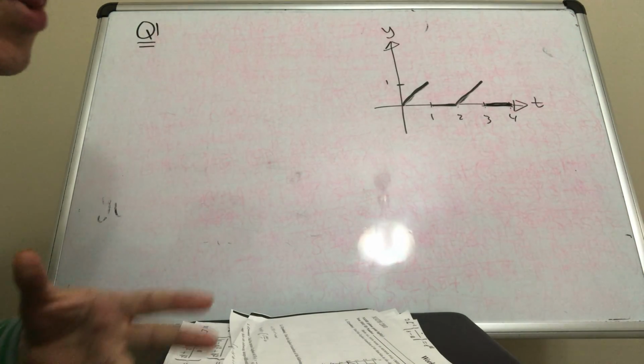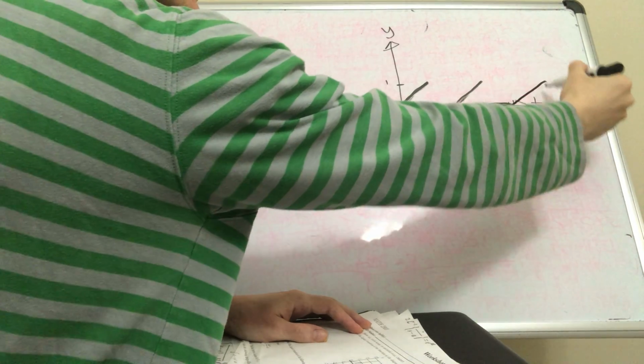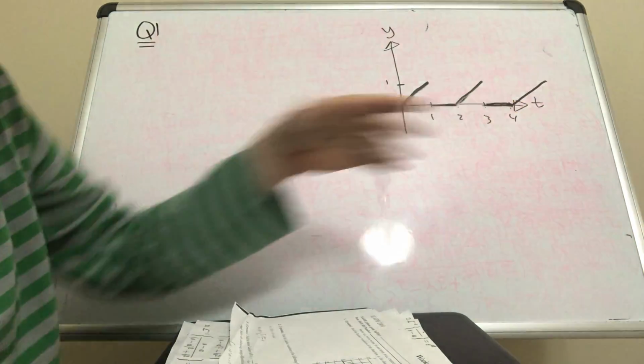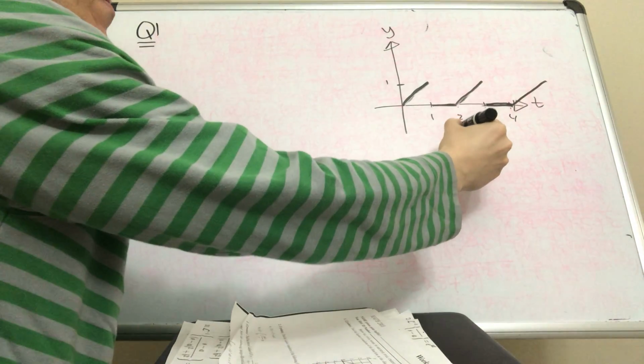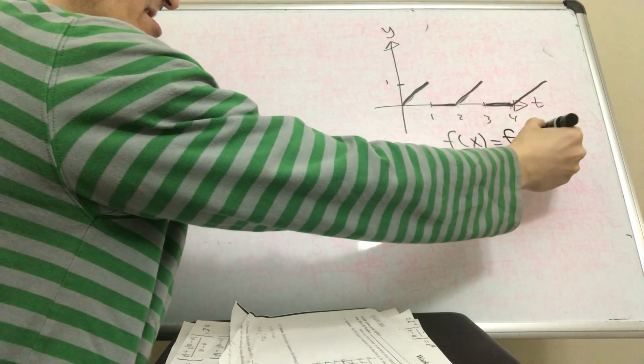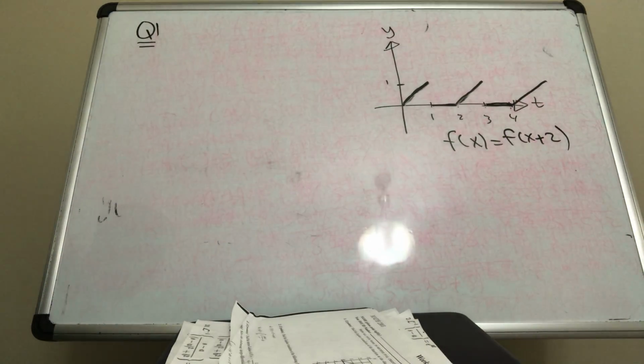And in the actual question, this continued even after, all the way to 7. And he said f of x equals f of x plus 2.